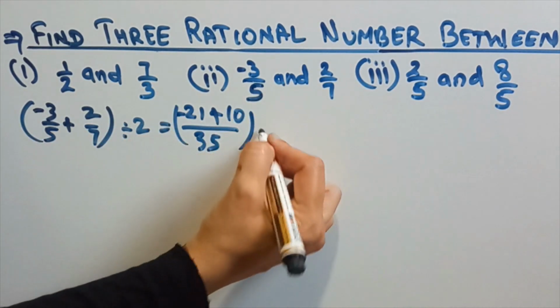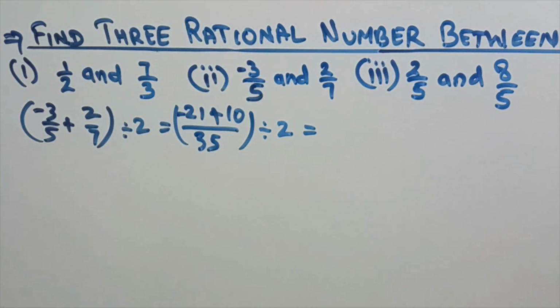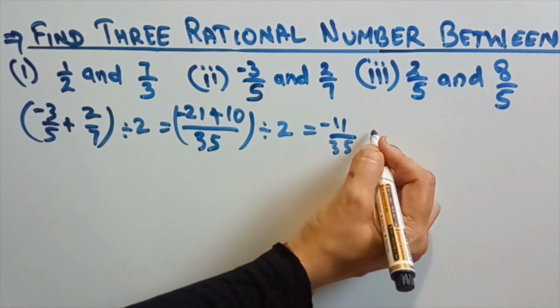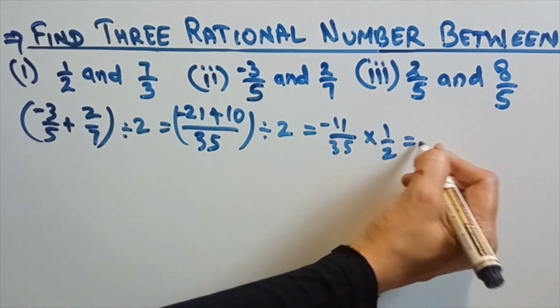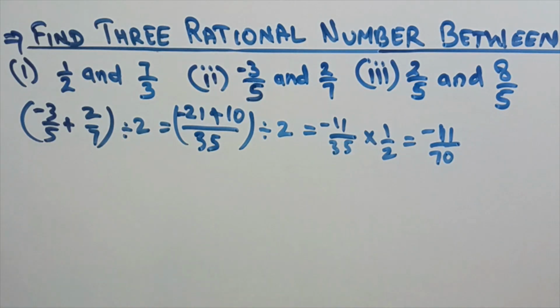This divided by 2 is equal to, now minus 21 plus 10 is minus 11 divided by 35 into, now taking inverse of this, it will become 1 by 2. So minus 11 by 70. This is the first number.